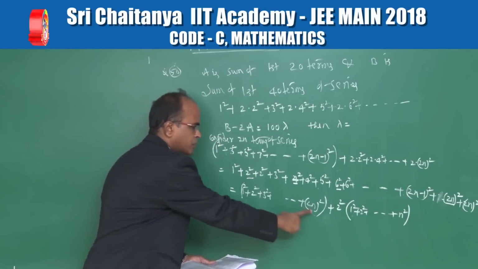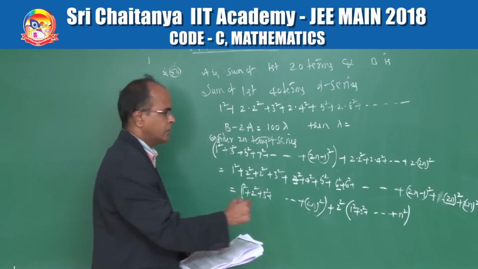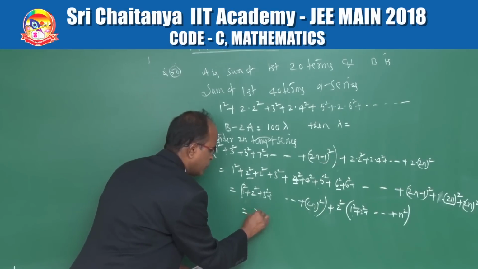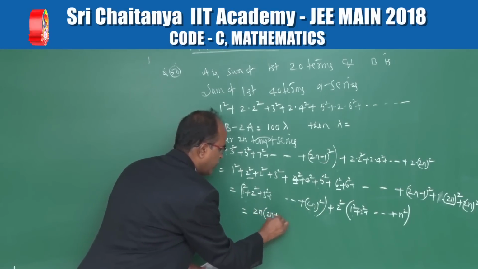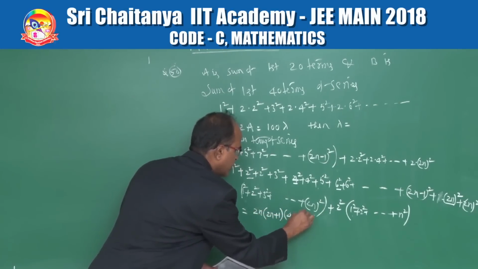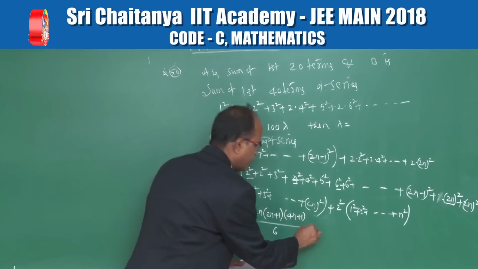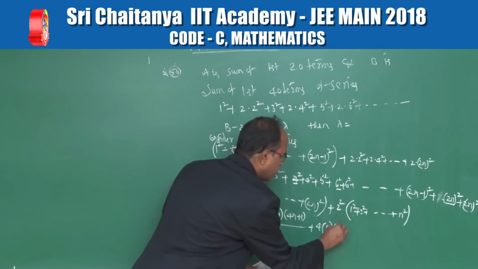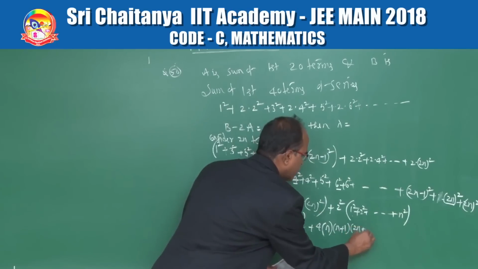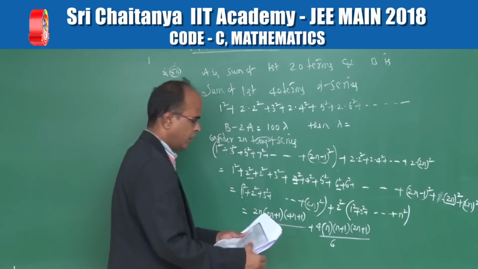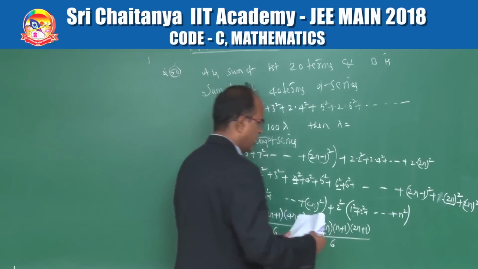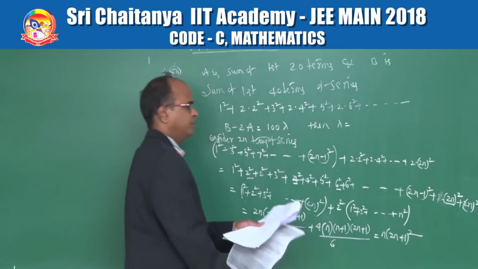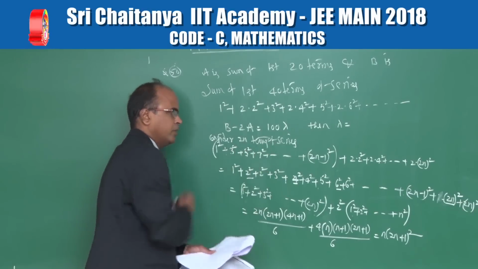And this is the sum of squares of first 2n natural numbers, and this is the sum of squares of first n natural numbers. Therefore, we will be using the formula 2n(2n+1)(4n+1)/6, plus 4 times the sum of squares of first n natural numbers, n(n+1)(2n+1)/6. And if you simplify this, you get the sum given by n(2n+1)². So this is the sum of first 2n terms.